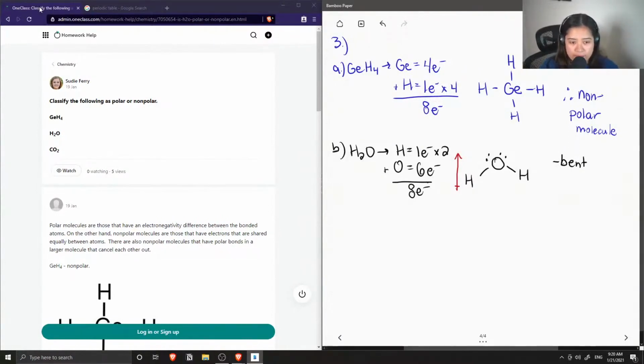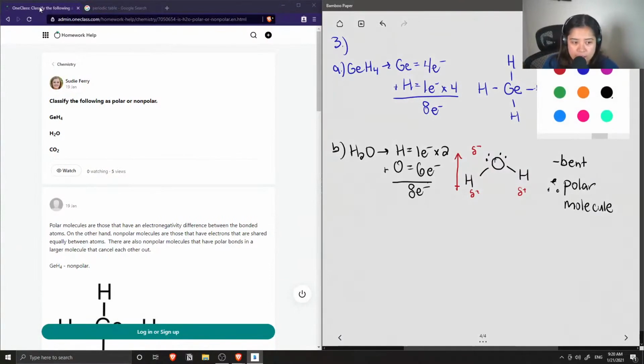So we're left with a partially negative side and a partially positive side of the water molecule. This is what makes water polar. Therefore, polar molecule, because the dipole moment isn't cancelled out due to the structure of water.